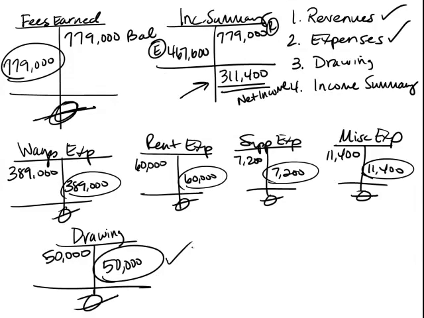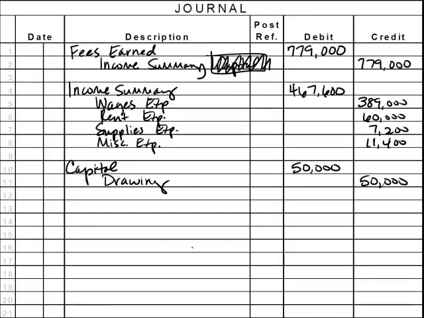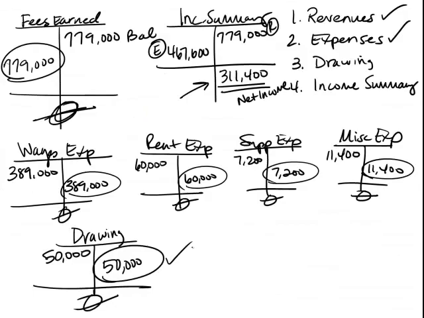There's our credit to drawing, clears it out to zero. What does a debit to capital do? Make it go up or down? Capital? Down. Okay? So that debit to capital is bringing his capital down. Well, that makes sense because he withdrew this money. He withdrew $50,000 this period. So we're taking it away from him. Alright, so we cleared drawing.